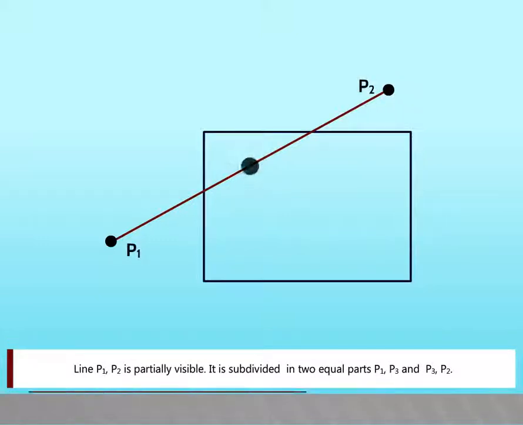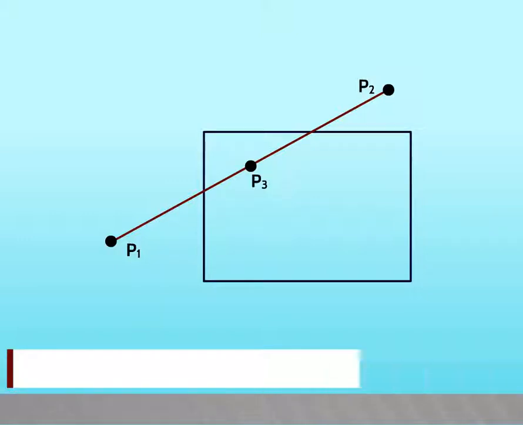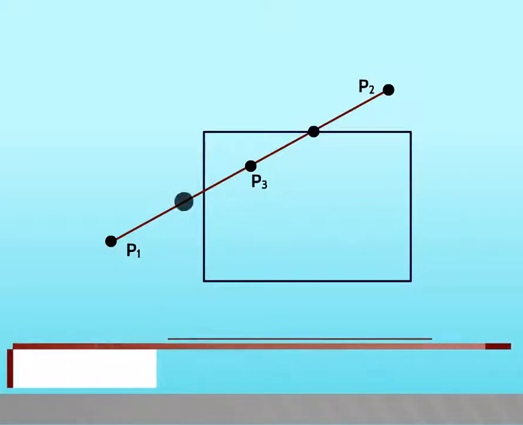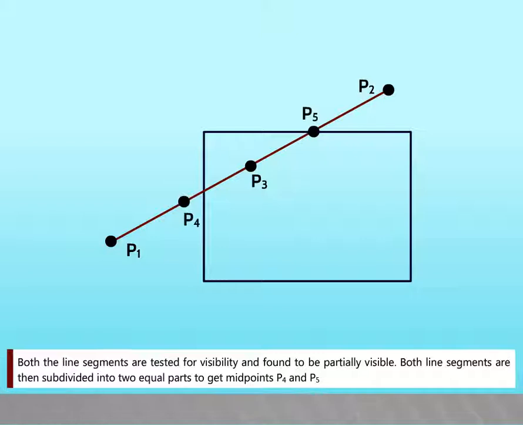Line P1, P2 is partially visible. It is subdivided into two equal parts, P1, P3 and P3, P2. Both the line segments are tested for visibility and found to be partially visible. Both line segments are then subdivided into two equal parts to get midpoints P4 and P5.